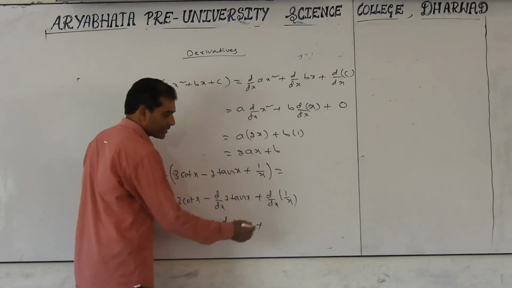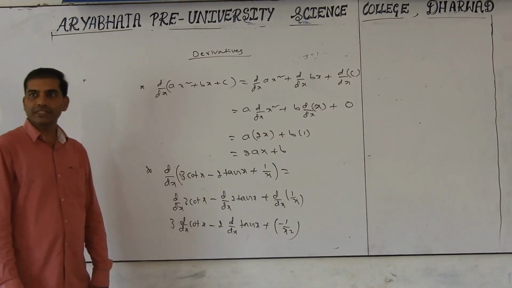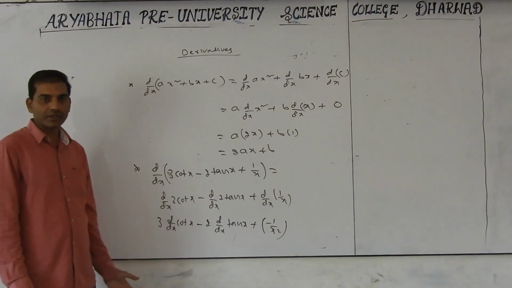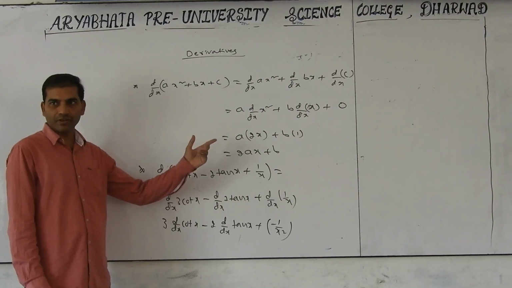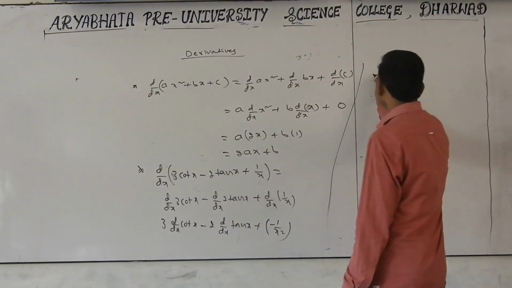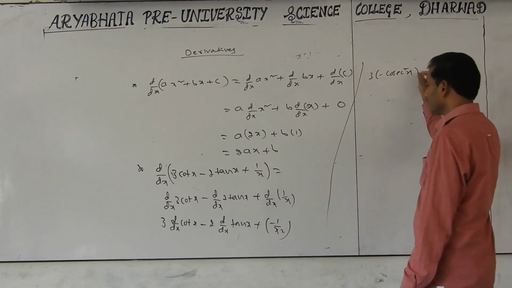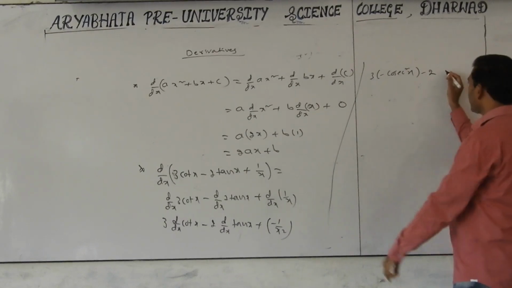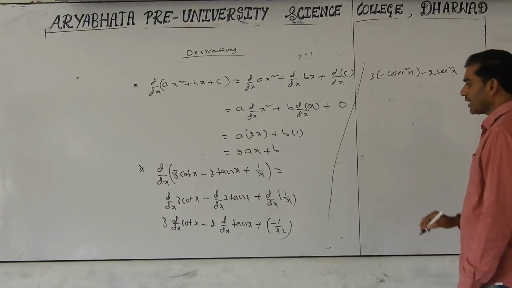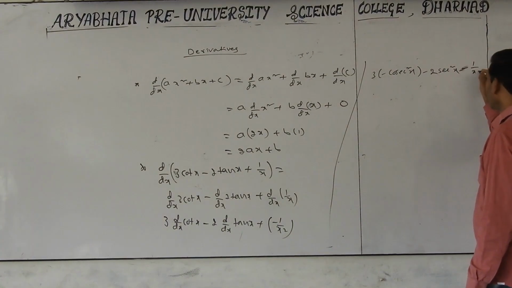The derivative of 1 by x is minus 1 by x square. How? X raised to minus 1, x raised to n form. 3 into derivative of cot x is minus cosec square x, minus 2 derivative of tan x is secant square x, plus minus 1 by x square.